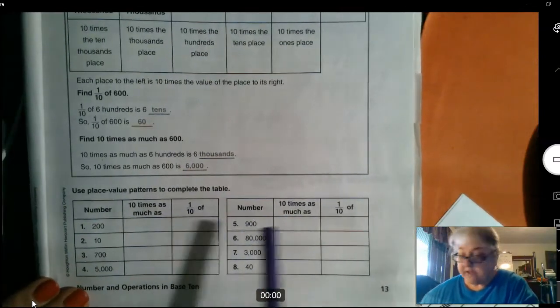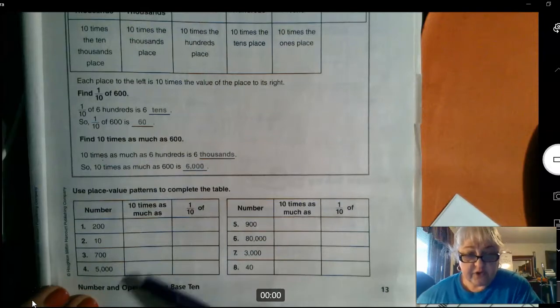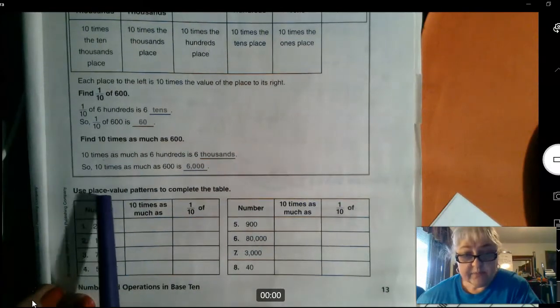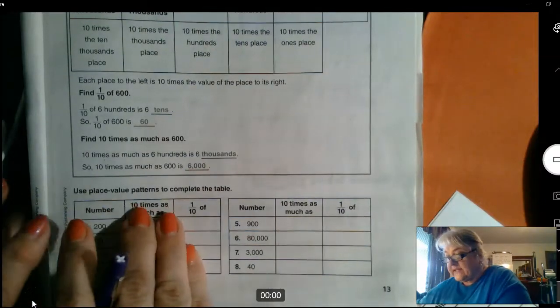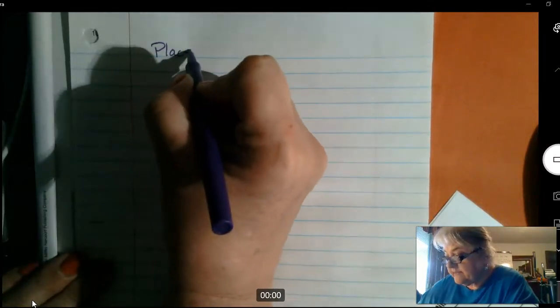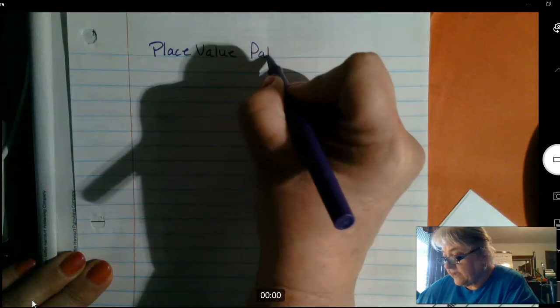Let's do a few together. What I would like for you to do is to take your math journal, and I want you to write up at the top place value patterns. So your paper is kind of going to look like this. Place value patterns.